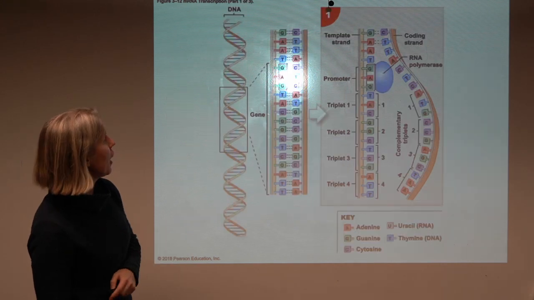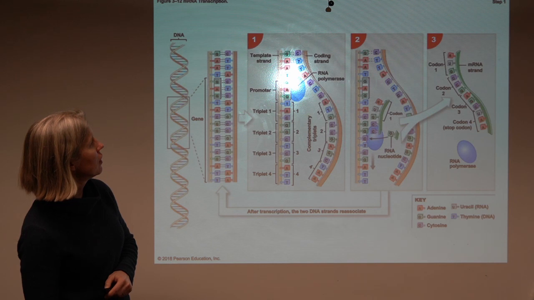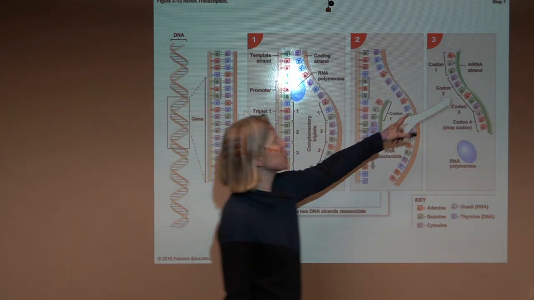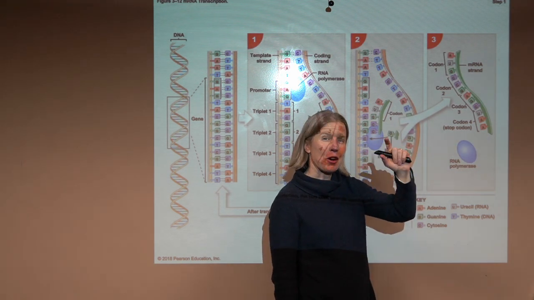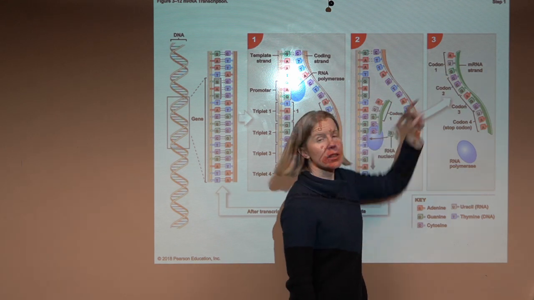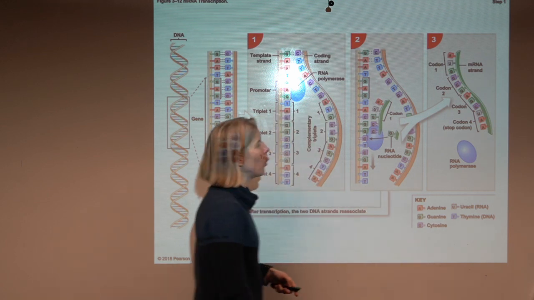Another thing that they are pointing out is when that messenger RNA goes to the ribosome, recall from hopefully Bio 1111 that message is read 3 letters at a time. So we call those 3 letters a codon.